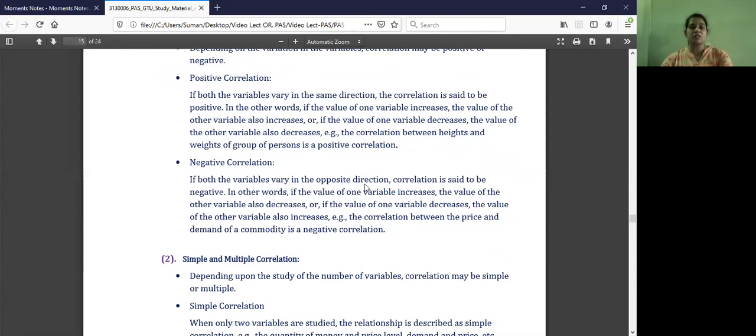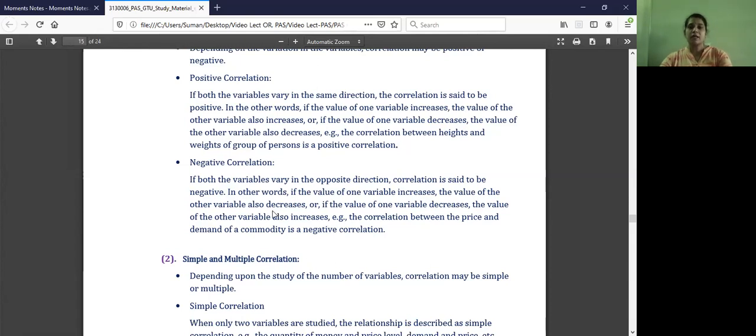Second is negative correlation, if both the variables vary in the opposite direction. In positive correlation, variables vary in the same direction. But in negative correlation, variables vary in the opposite direction. Correlation is said to be negative. In other words, if the value of one variable increases, the value of the other variable decreases.